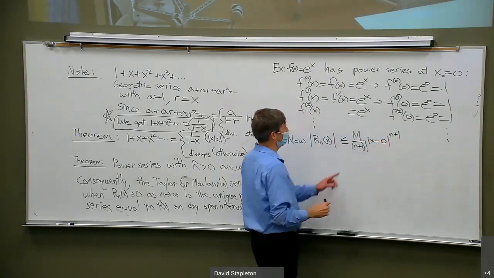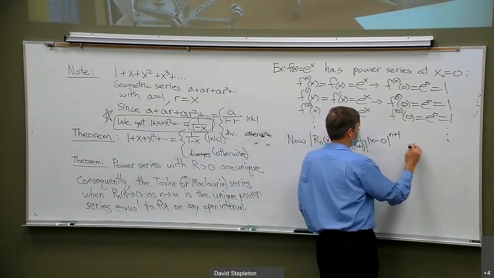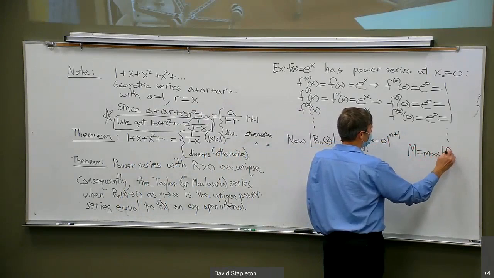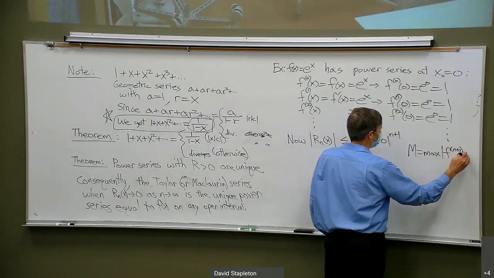This is the remainder theorem when you choose x0 equals 0, where M is the maximum absolute value of the n plus first derivative at an intermediate point c.